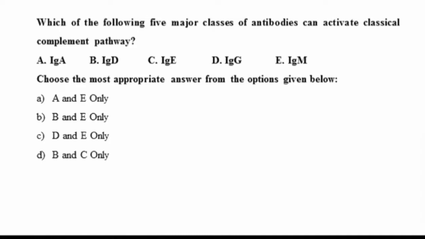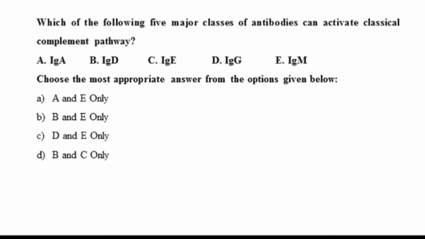Our next question is, which of the following 5 major classes of antibodies can activate the classical complement pathway? The activators of the classical pathway include IgM and IgG. The classical pathway begins with the formation of the antigen-antibody complex, or what we call the immune complex.